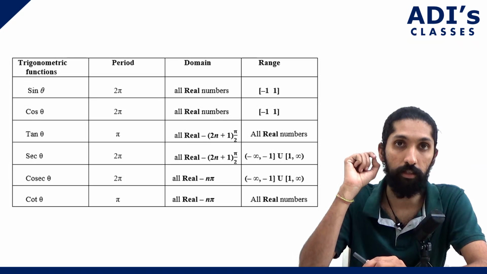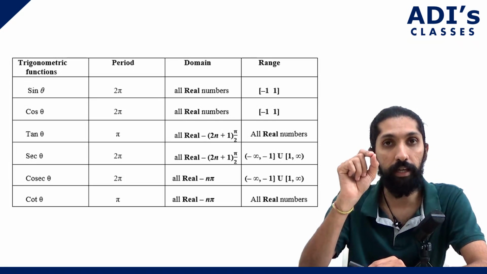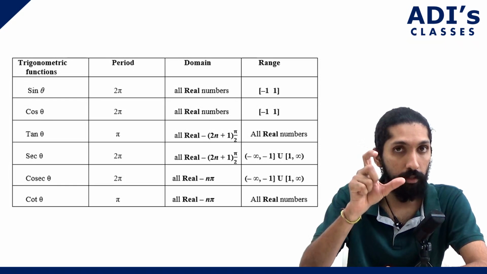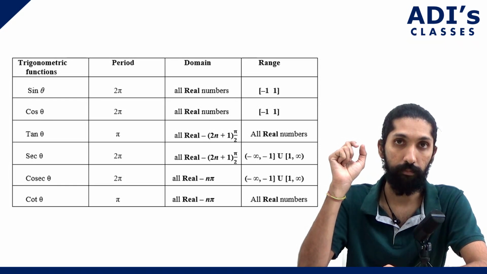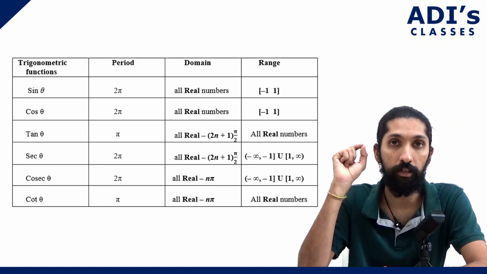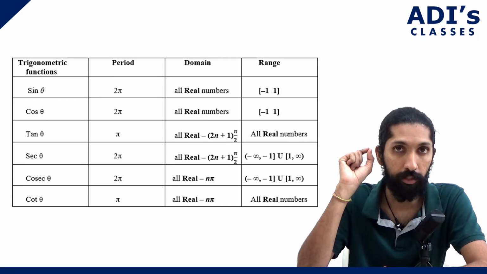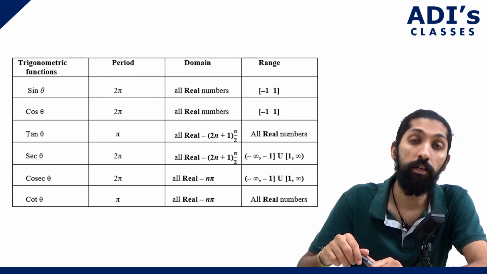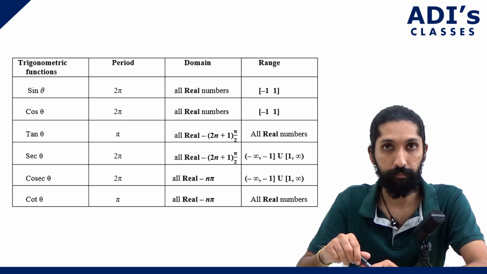The minus sign indicates that those values cannot be included in the set. Understood? We have to be very specific about it. So these are the domain and range of all the trigonometric functions.